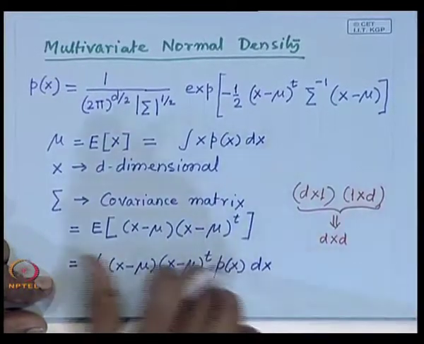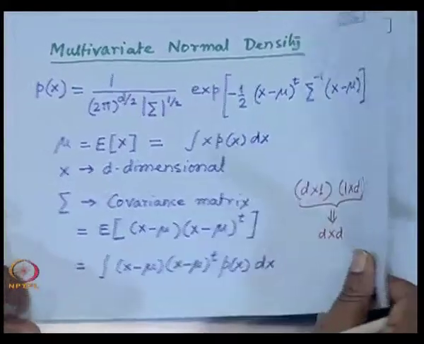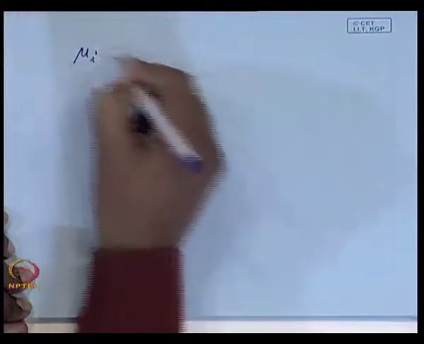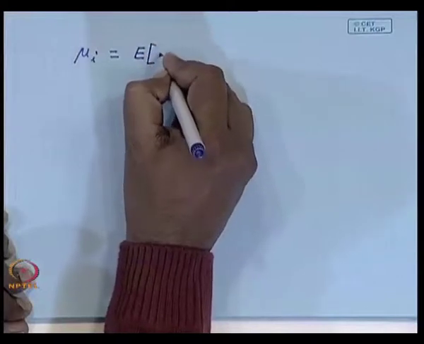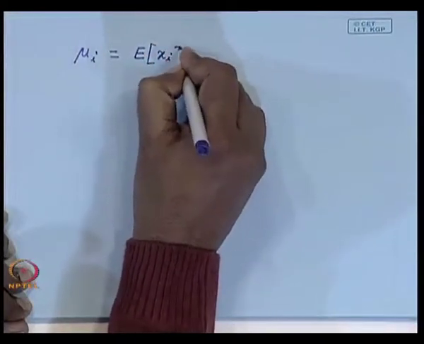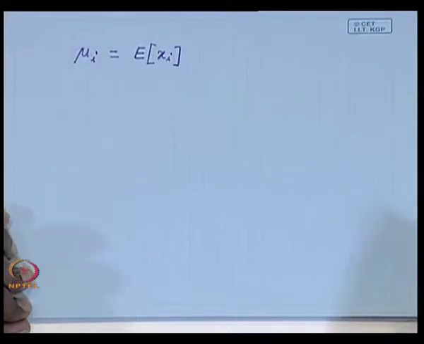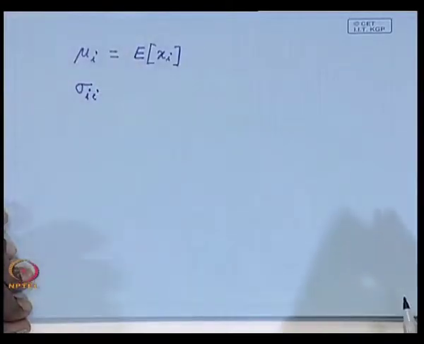Now, from here, if I try to compute the expected values of individual components, the expected value of the ith component mu_i is nothing but the expected value of x_i, the ith component of our feature vector capital X. Similarly, sigma_i is the ith component in my covariance matrix, capital sigma.